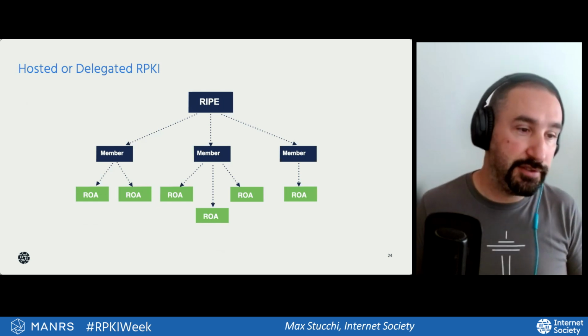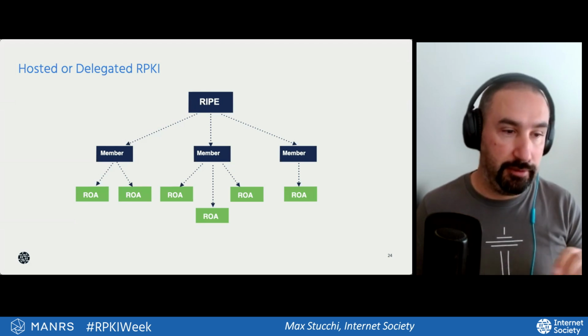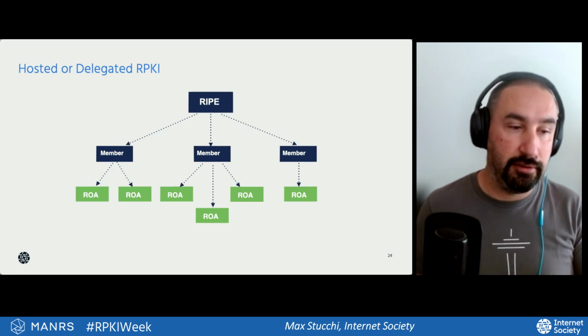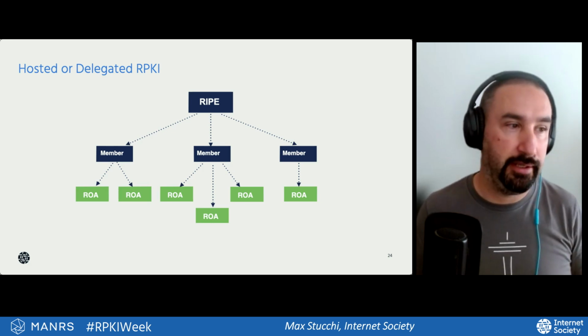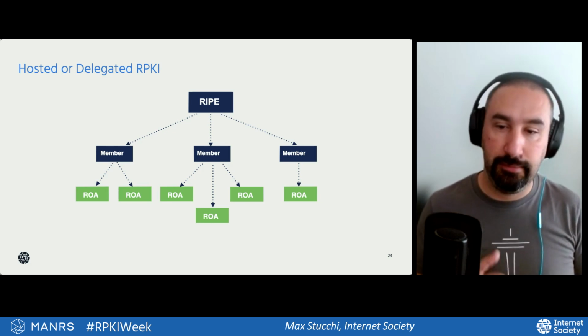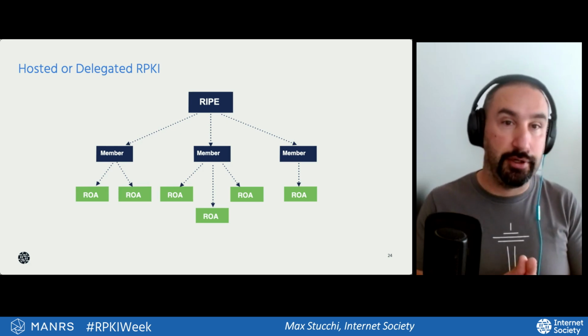So the system can be used in two ways. You have right on the top, and you as a member can either go for a hosted version of RPKI or for a delegated version of RPKI. When it's hosted, it means that, in this case, RIPE-NCC does everything for you.